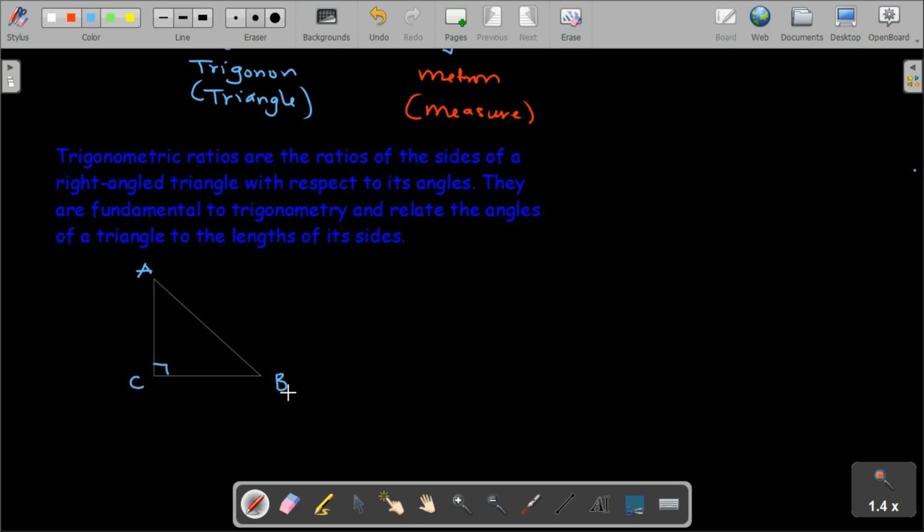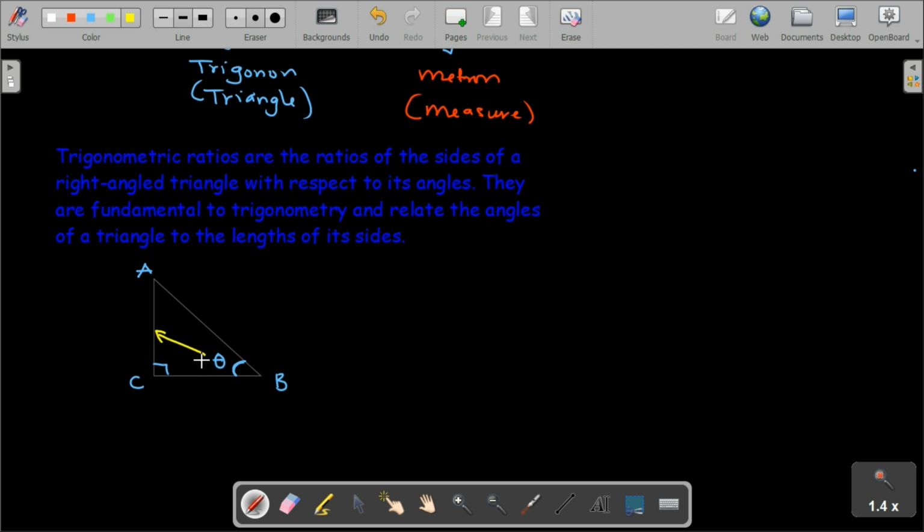Okay. Now, let's assume a particular angle is given. Let's say this angle is given to be theta. Okay. Now, this angle theta is directly facing side AC.